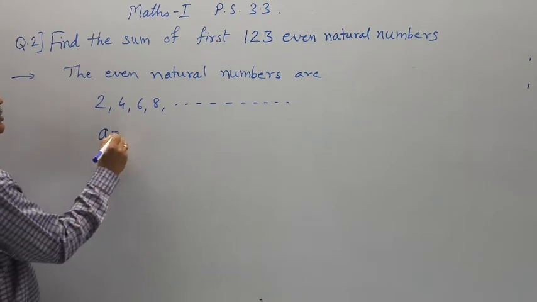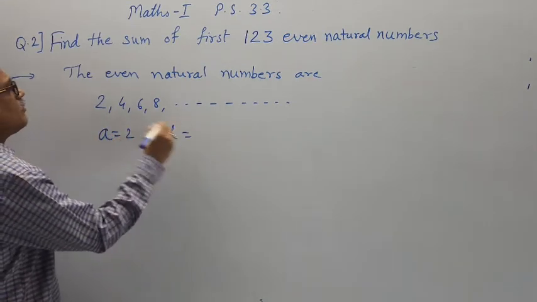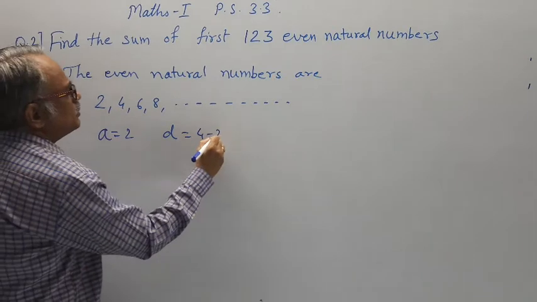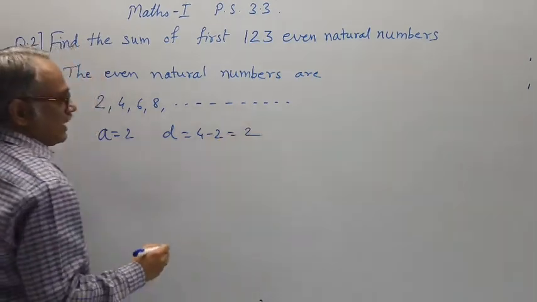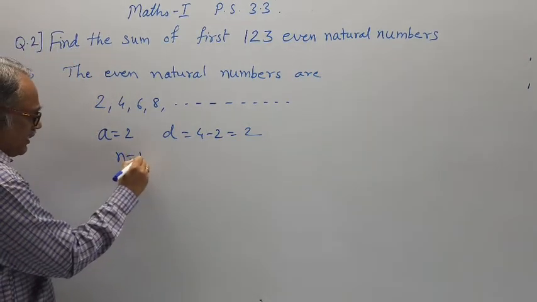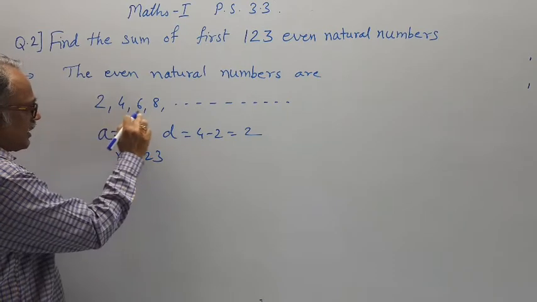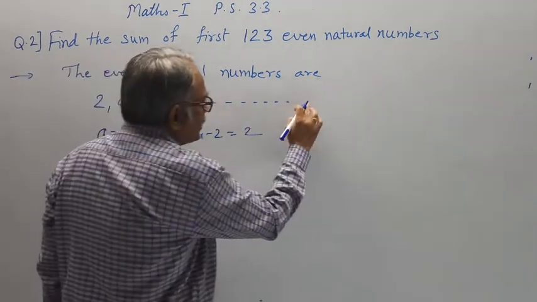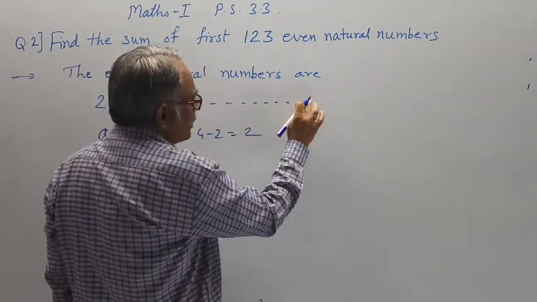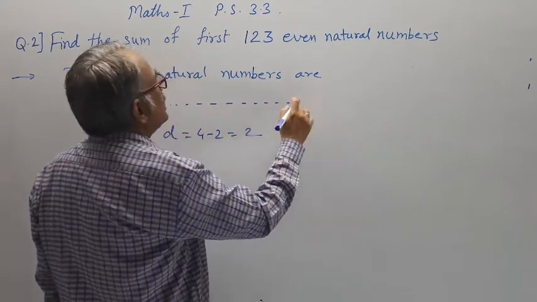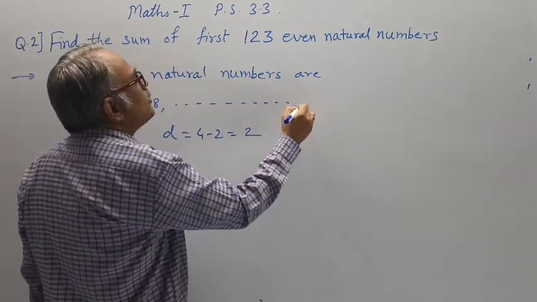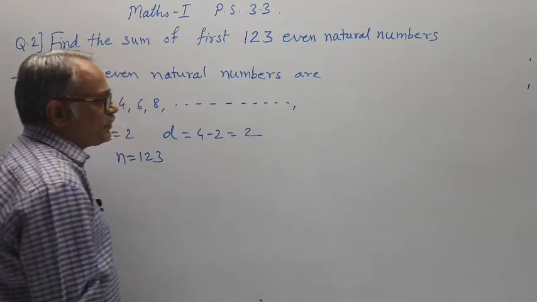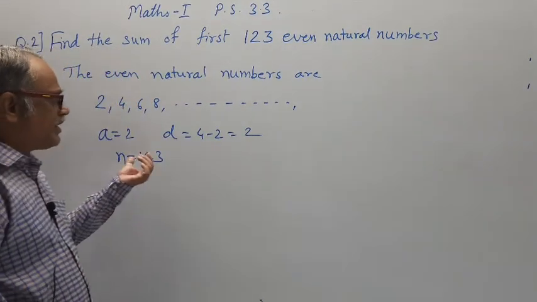Here a is 2, d is 4 minus 2, that is also 2, and n is 123. This is first, second, third, fourth, like that 123 terms we want. The 123rd term will be 246, but they have not mentioned it, so we have also not mentioned it. We want only up to the first 123 terms.